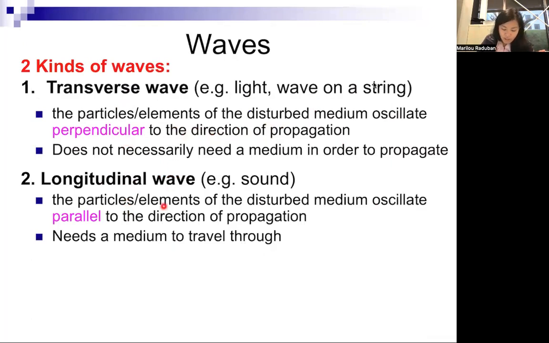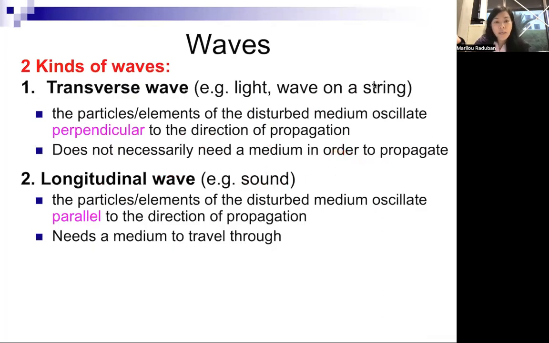Whereas for the longitudinal wave, the direction of propagation of the wave is parallel to the direction of oscillation of the particles. So that's the main difference between transverse and longitudinal waves. For transverse waves, they don't need a medium in order to propagate. And that's why light, being a transverse wave, can propagate through space. Okay.